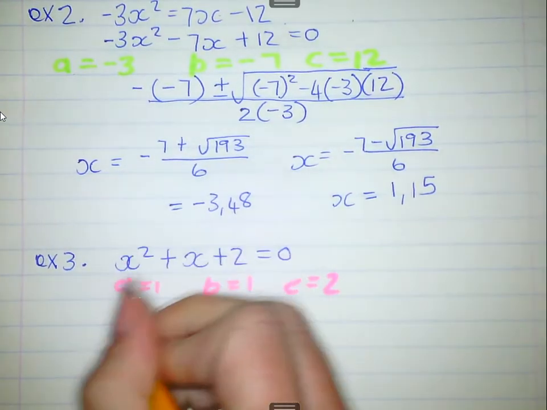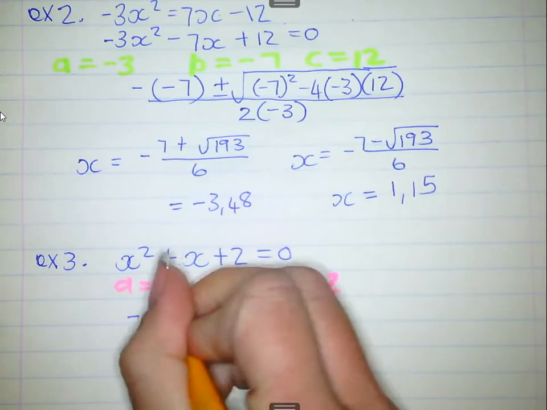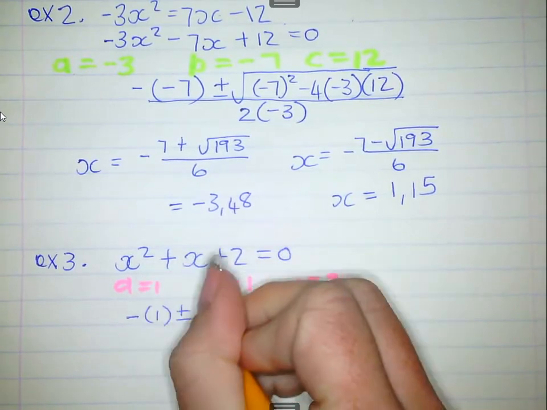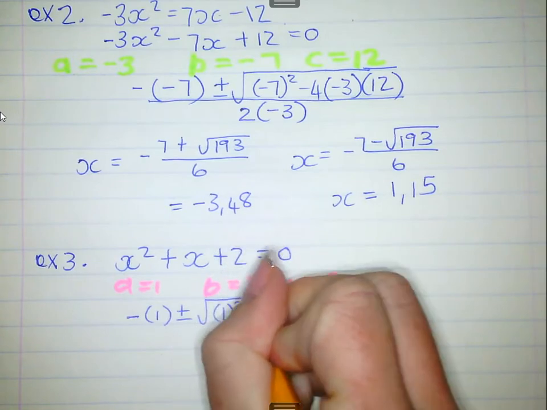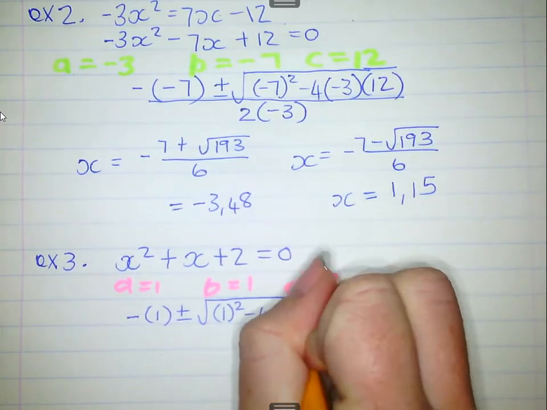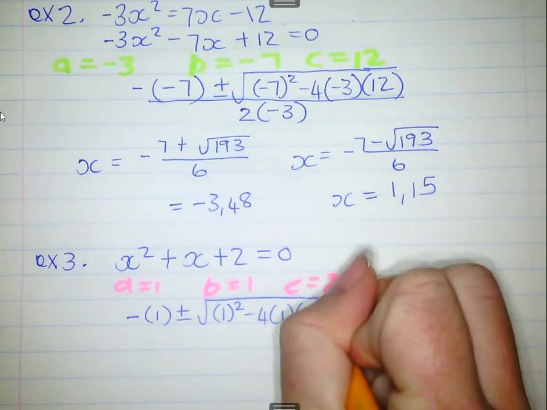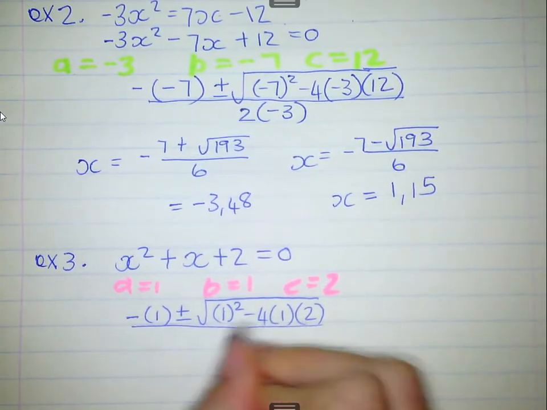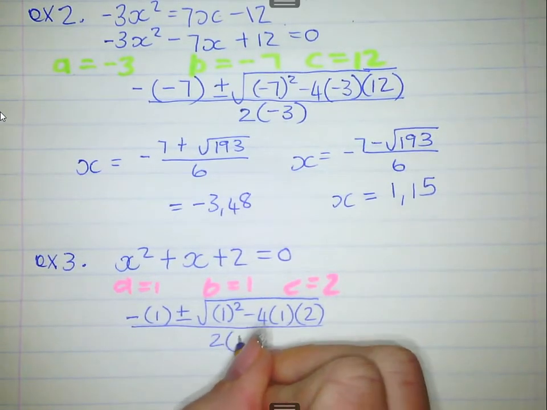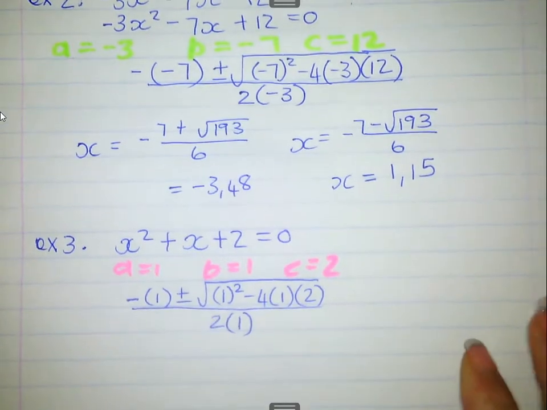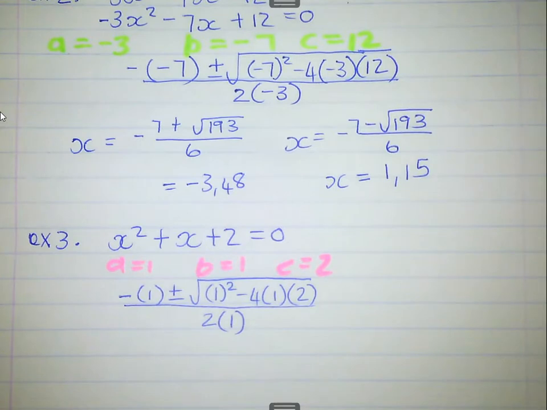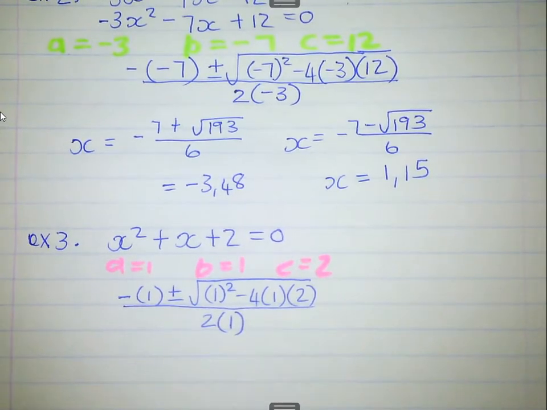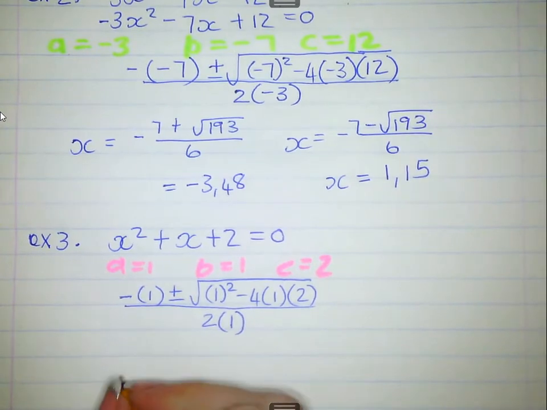So it's minus B plus minus the square root of B squared minus 4 times A times C, divided by 2 times A. Okay, you can calculate that quickly on your calculator. I'm going to calculate it here on the board. But you calculate on your calculator.